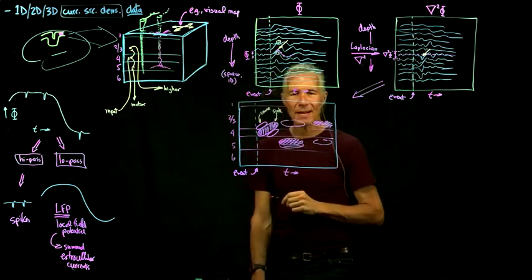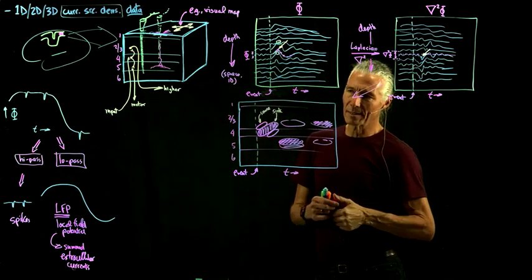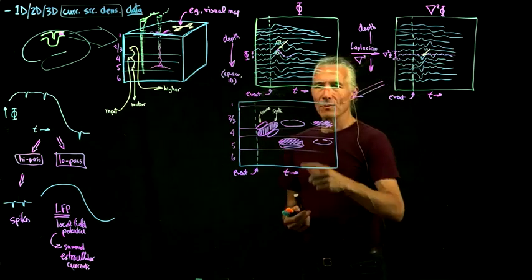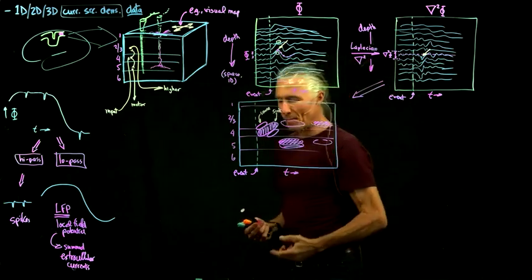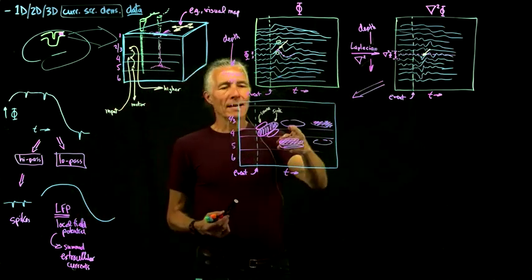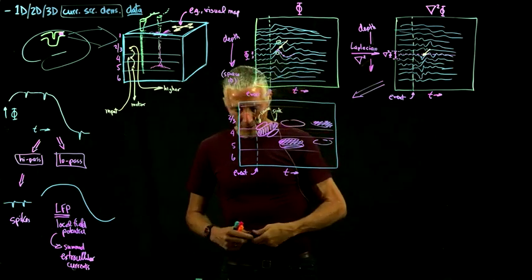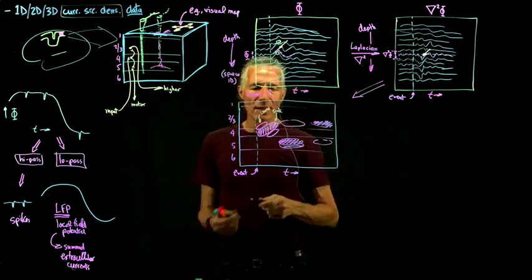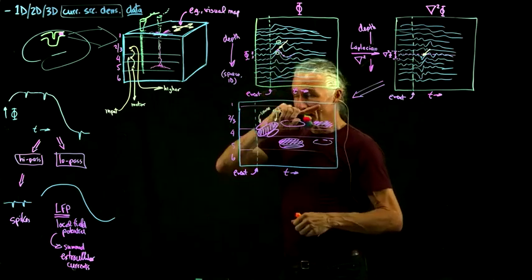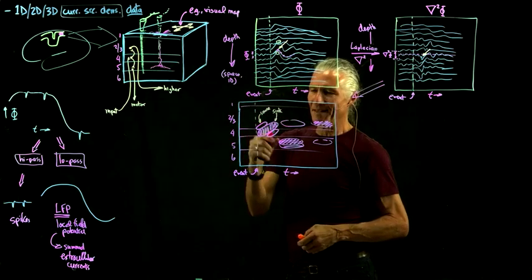So that's the pattern you see across many different cortical areas. This has mainly been done in sensory cortical areas where you can produce a nice, sharp event. But what do we think is actually causing this pattern of sources and sinks? Generally, what direction does the current flow? As you might expect, it flows from the source to the sink.